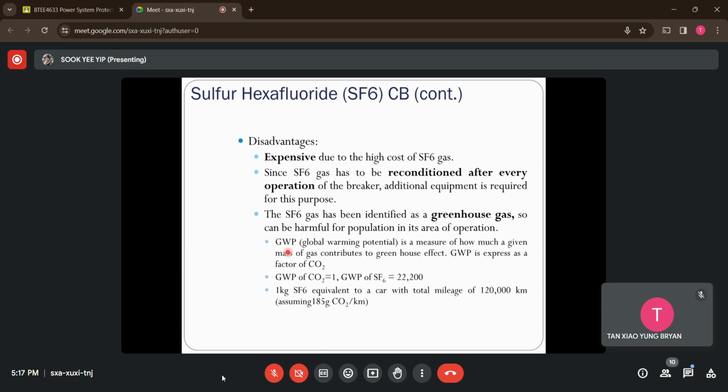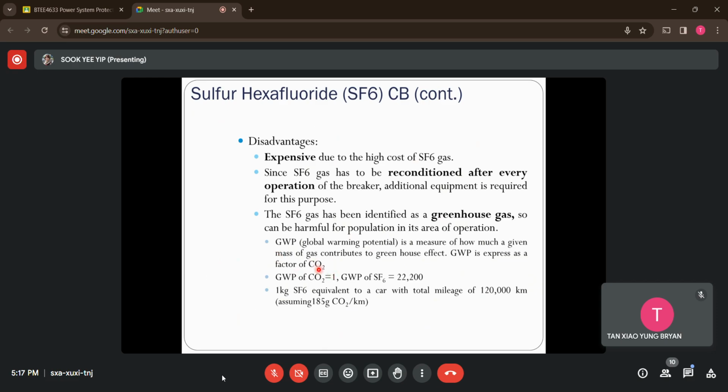So to measure the global warming potential, we want to know how much this released gas, in terms of mass, in kg or grams, contributes to the greenhouse effect, which means global warming. In other words, we use this GWP to measure how much CO2 equivalent has been discharged to the atmosphere.